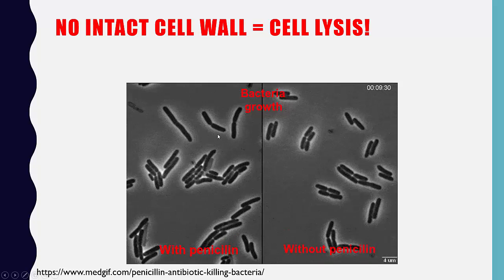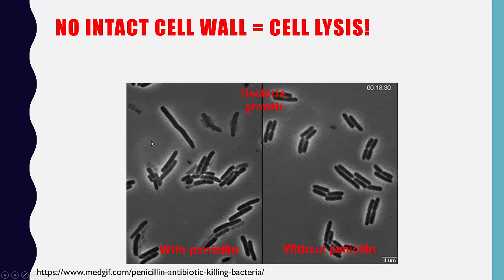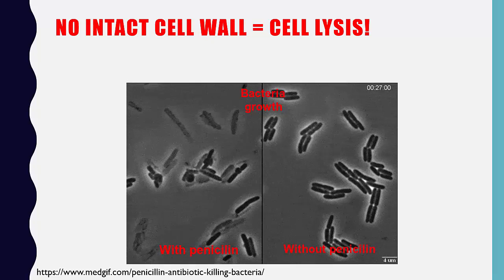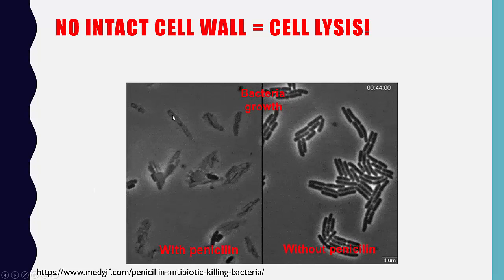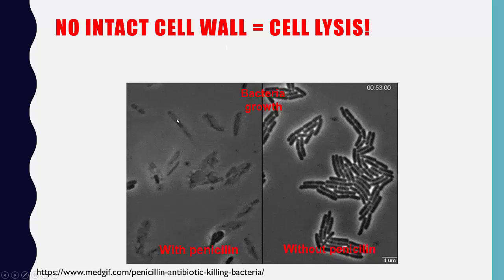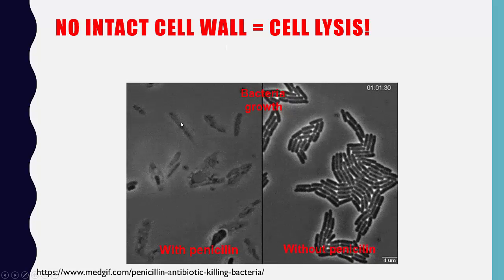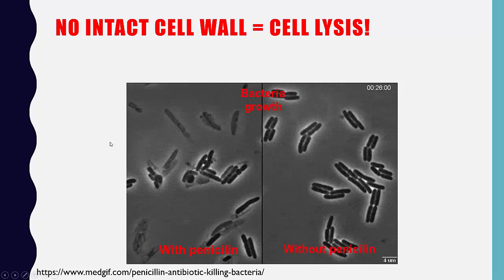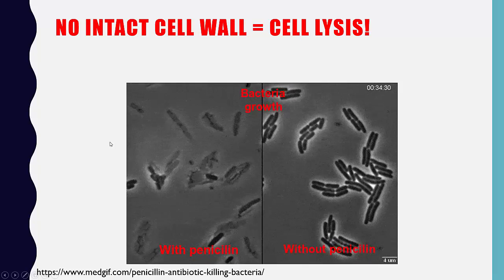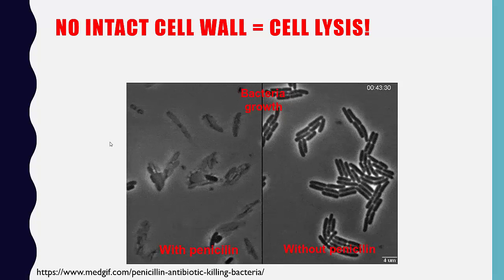So would this penicillin hurt our cells? No, there's nothing for penicillin to attach to. Penicillin attaches to the PBP enzyme that links together peptidoglycan. There is no target in a human or eukaryotic cell at all.